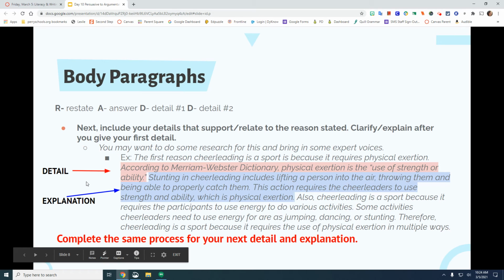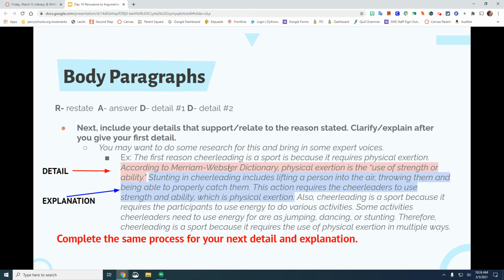So for a cheerleading example, it was talking about the first reason: cheerleading is a sport because it requires physical exertion. Then the detail they had before was cheerleaders do stunting, and then they explain stunting. But now they have a source with a quote.